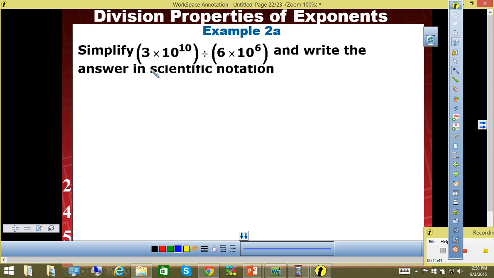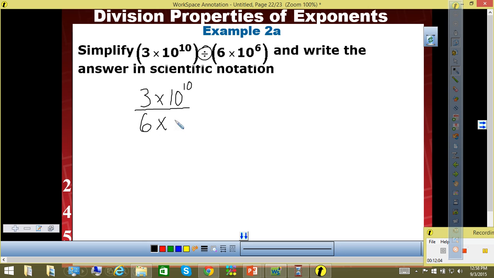So they give us two expressions, this one and this one. So I write the first one. It says 3 times 10 to the 10th. Are we there? And this one has division, but the only examples that I gave you were in fraction form. Was that correct? So then you do a fraction bar, and then you write the other in the denominator. 6 times 10 to the 6th.